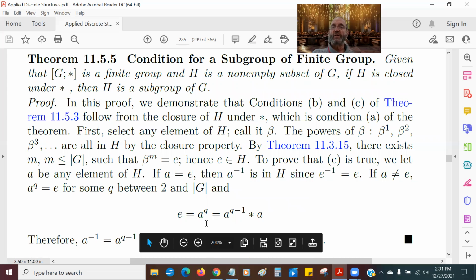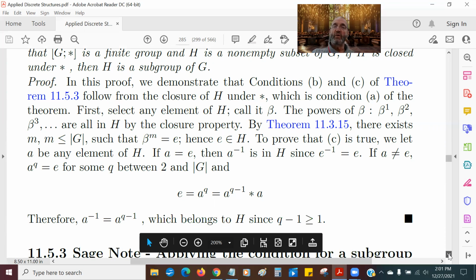Now, e is equal to a to the q, so a to the q minus 1 times a is equal to e, which means a inverse is equal to a to the q minus 1. So it's shown that any random element a has an inverse, which is a to the q minus 1.